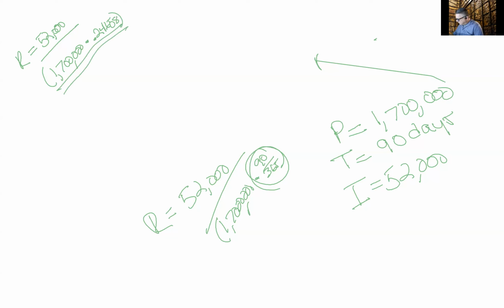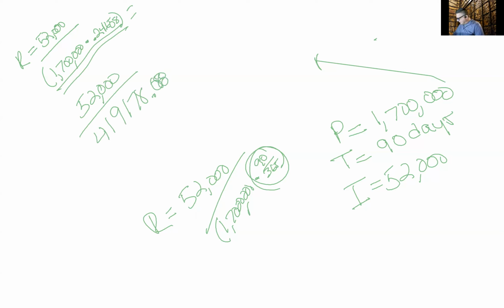Then do this part on the bottom. So we'll apply that number times $1,700,000, which is 419,178.08.